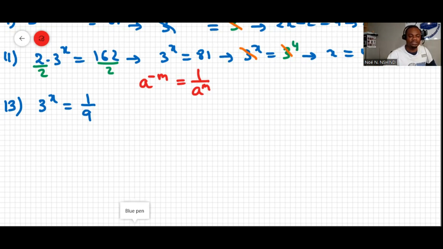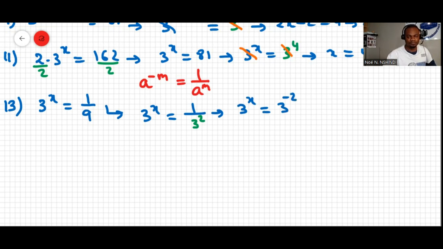So in this case, 3 to the x will be equal to 1 over 9, which is like 1 over 3 squared. And then we will say 3 to the x will be equal to 3 to the negative 2. Because the bases are common, we can just drop the bases and equate the exponents. That makes x equal to negative 2. Okay.